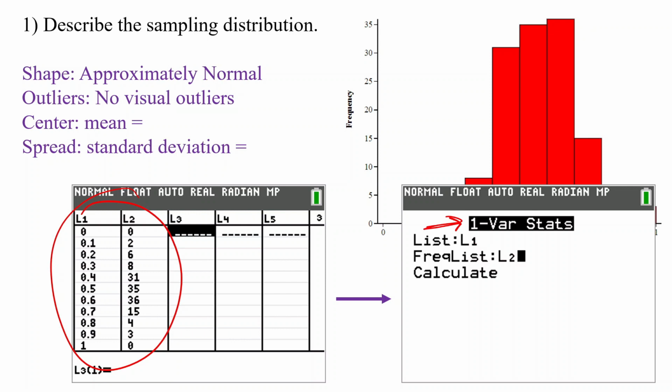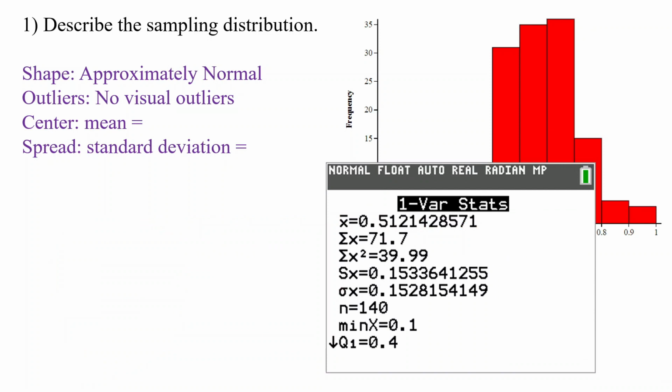My list is going to be L1, and my frequency list is L2, right? How often do I have those values? If I press calculate, I will be able to get my statistics. My mean is going to be x bar right here, and my standard deviation is going to be Sx right here. Remember not to use sigma x. That's a different formula for the population standard deviation. So we're going to use Sx. Those are my 2 values. That's my mean, and that's my standard deviation there.